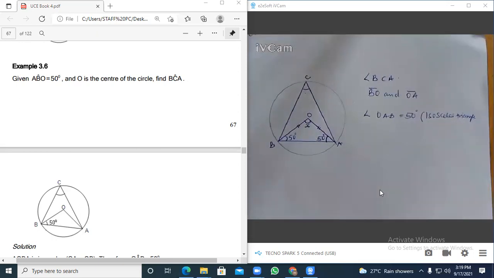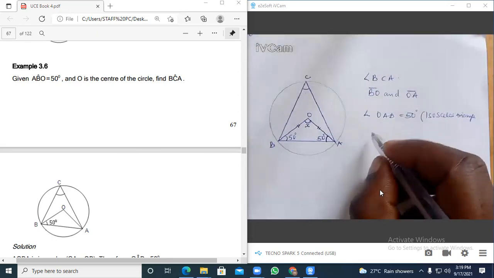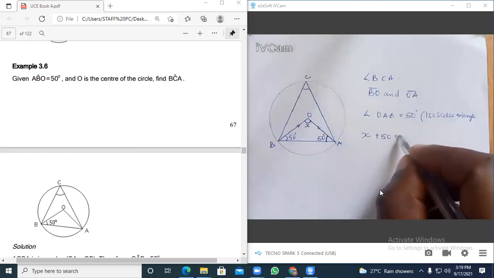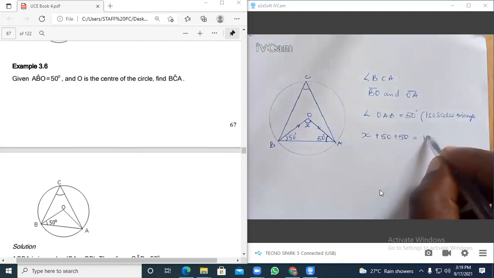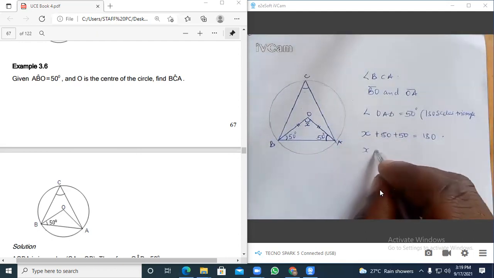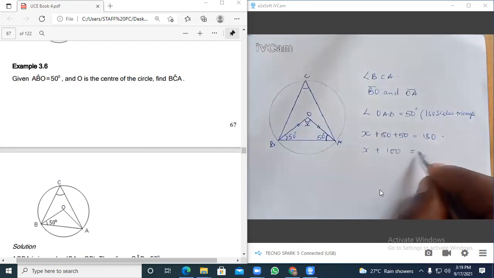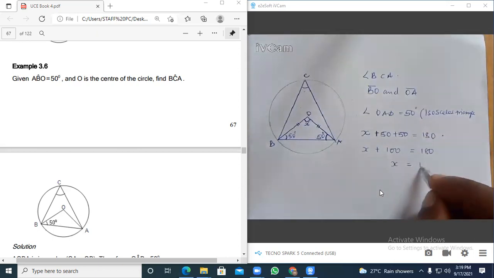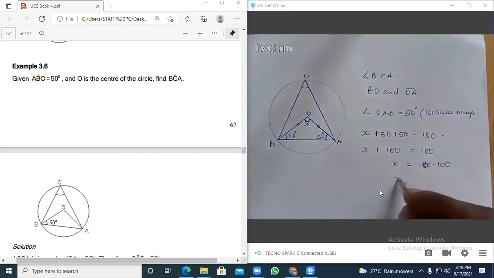So it means that now, for us to get x, we shall say x plus 50 plus 50 equals to 180. So x plus 100 equals to 180. So x equals to 180 minus 100, and x is equal to 80.